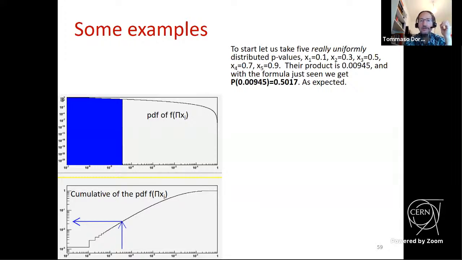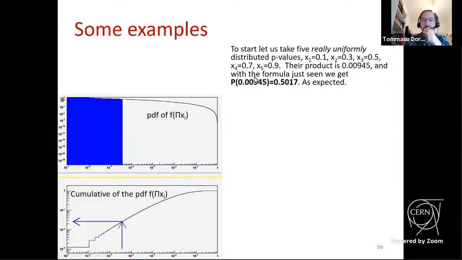And so we can make an example here. You take 5 really uniformly distributed p-values. The most uniform set that I can cook up is 0.1, 0.3, 0.5, 0.7, and 0.9, right? 5 values uniformly distributed. If you take their product, that's a little less than 1%.